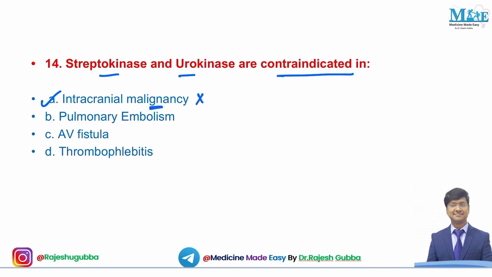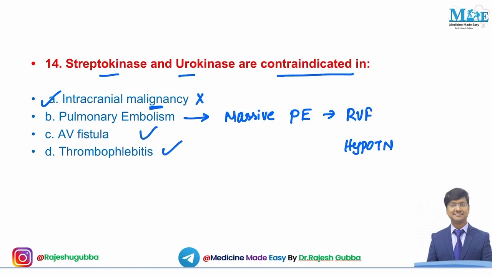So that is the reason why in intracranial malignancy, streptokinase and urokinase are absolutely contraindicated. Whereas in case of massive pulmonary embolism, where there is right ventricular failure and as well as the hypotension, then it's an indication for thrombolysis. And in AV fistula and as well as thrombophlebitis, they are not the contraindications for your streptokinase and urokinase. So the answer here is the intracranial malignancy. Next question.